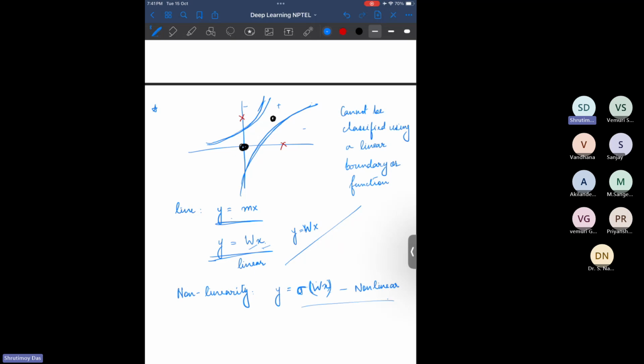Using nonlinearity like logistic or ReLU or tanh enables us to learn these types of things, so we can do better predictions and better classification. For complicated things, it is better to use nonlinear boundaries.